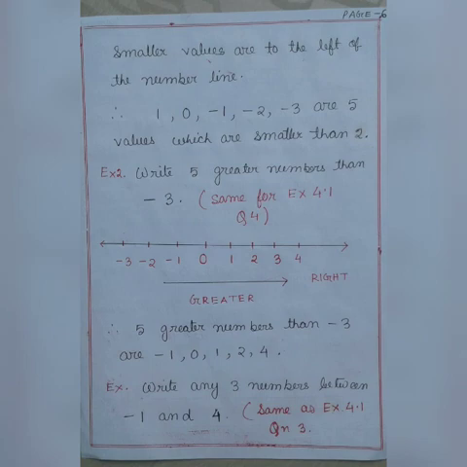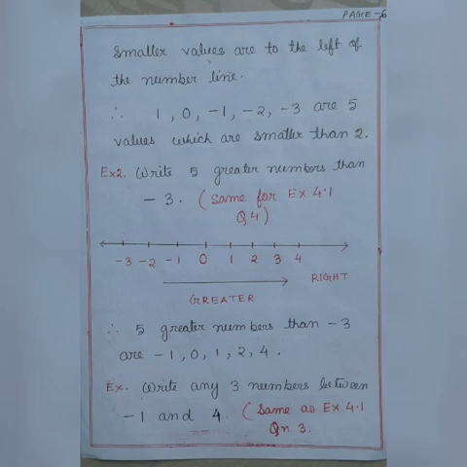Exercise number 2, write 5 greater numbers than minus 3. This is same as question number 4 of exercise 4.1. You remember this point. I have drawn the number line starting from 0, to the right the numbers are positive, and to the left side of 0 the numbers are negative.